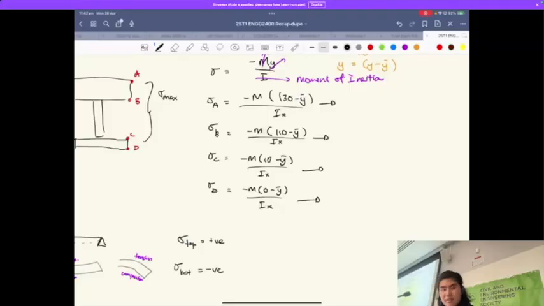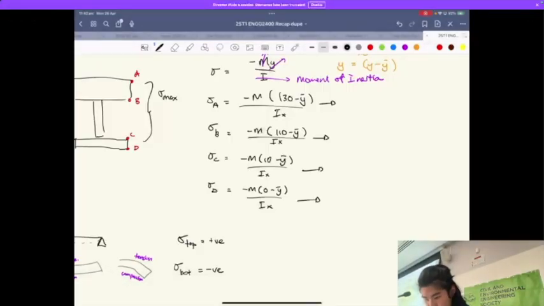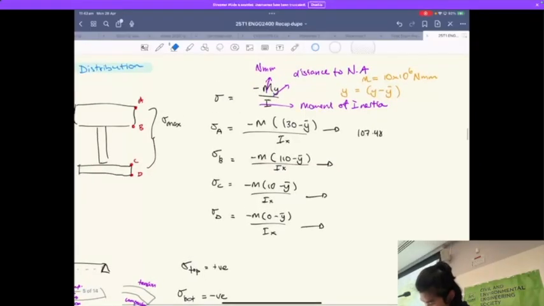I actually don't have the actual numbers. But this one goes to negative 107.48 MPa. This one goes to. Okay, I know the bottom two numbers.